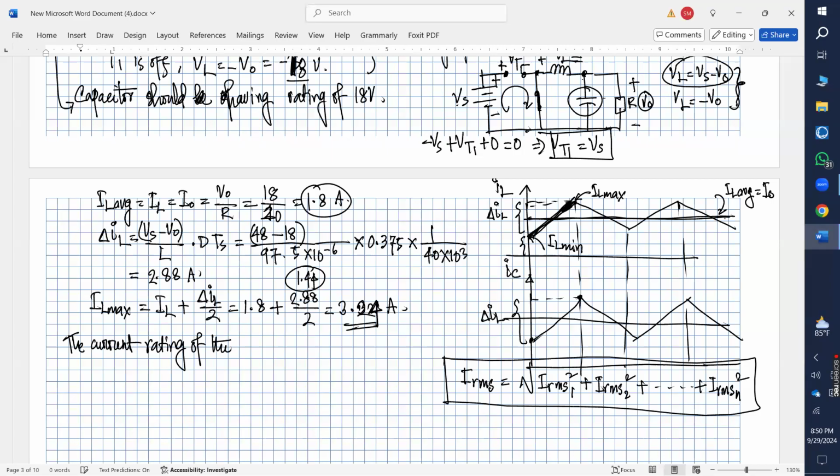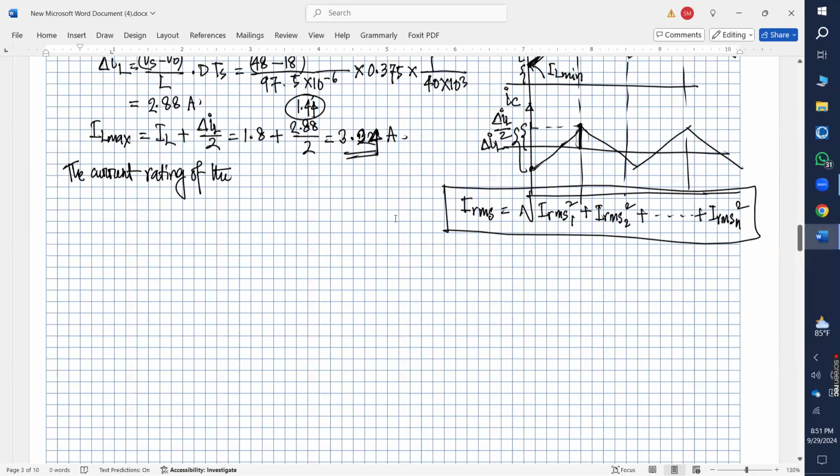So the maximum value of the triangle here should be del IL over 2, right? Yes, sir. So if this is your triangle and this is your height, what is the RMS value of a triangular wave?